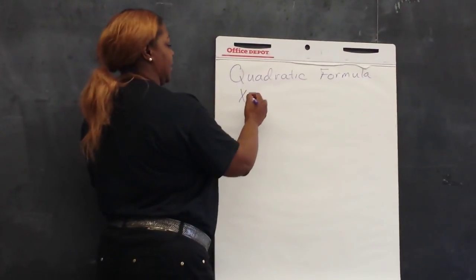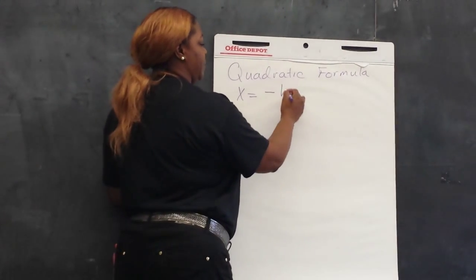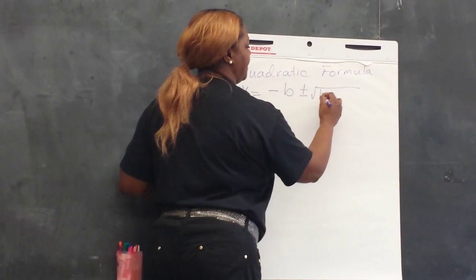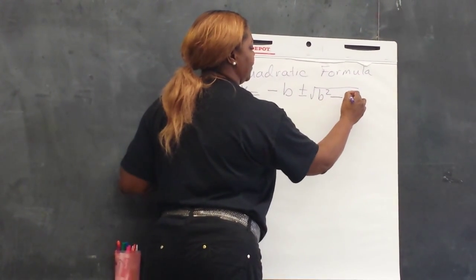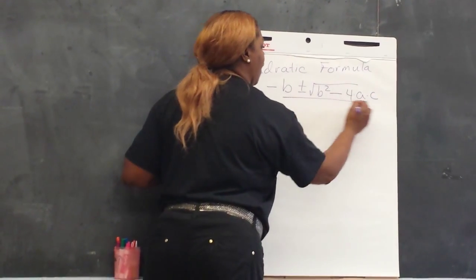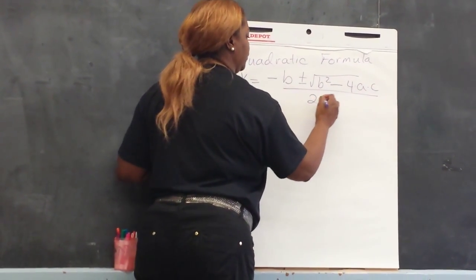The quadratic formula that we're going to be using is x equals negative b plus or minus the square root of b squared minus 4 times a times c, all over 2a.